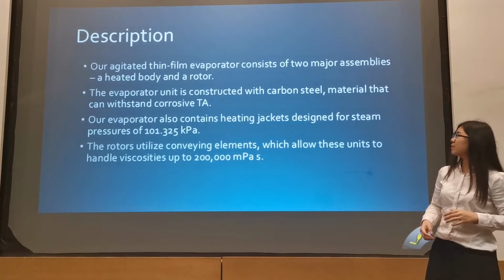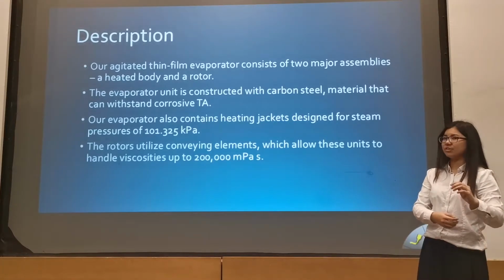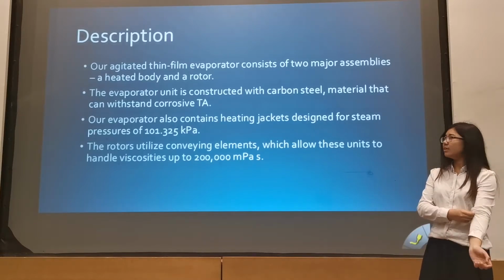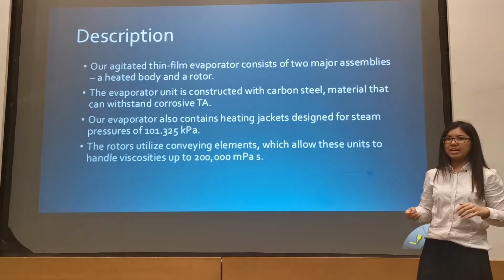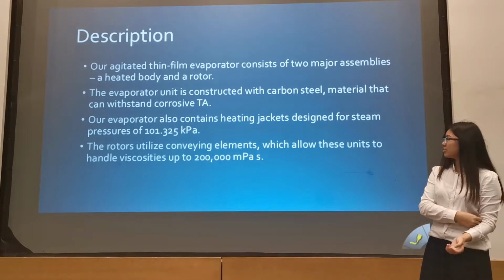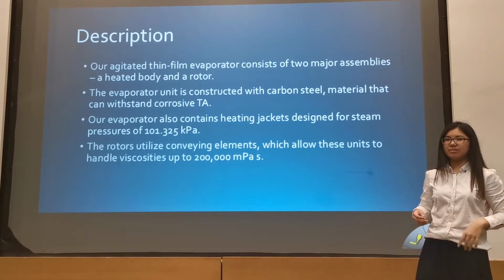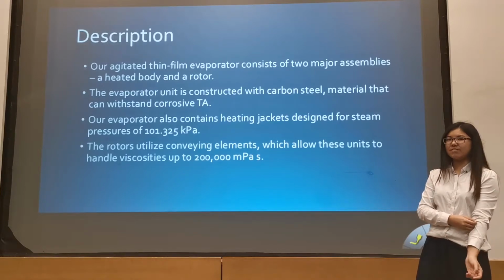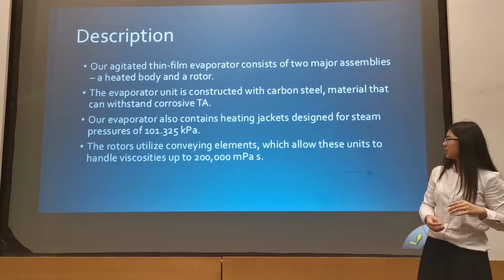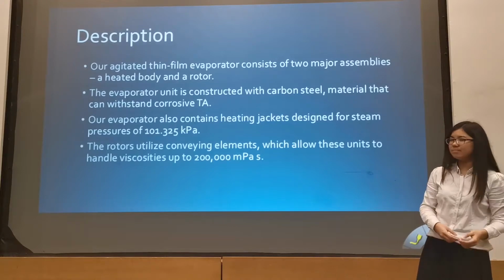Our agitated thin film evaporator consists of two major assemblies, a heated body and a rotor. The unit is constructed with carbon steel, which can withstand the acid, TA. Our evaporator also contains heating jackets, which can be designed for steam of 101.325 kPa. The rotors utilize conveying elements, which allow this unit to handle viscosities up to 200,000 mPa·s.